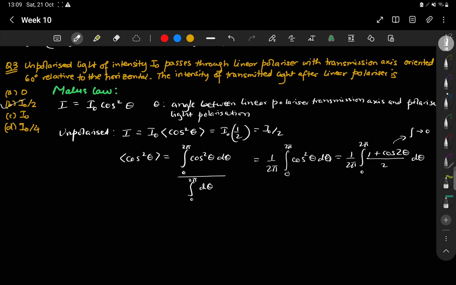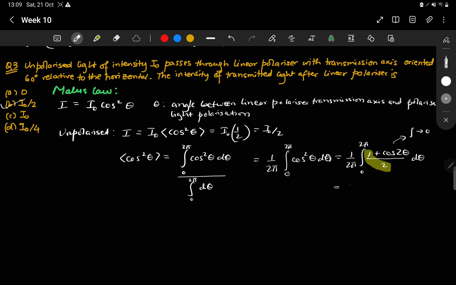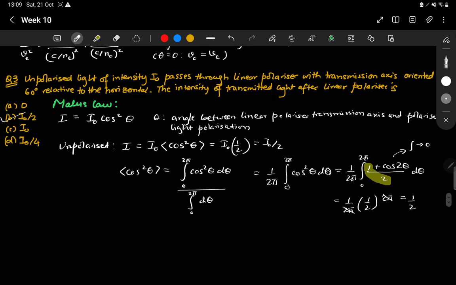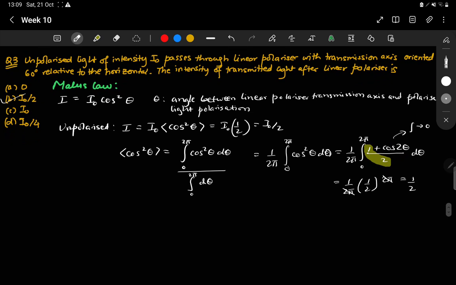So the only contributor to the integral will be this 1 by 2 term. And so from 1 by 2 you get 1 by 2, and integral of d theta again 2 pi, so this gives you 1 over 2, and that's how you get the output intensity is I naught by 2. So when you send in unpolarized light, then no matter what is the orientation of the transmission axis of the polarizer, the output intensity will always be I naught by 2.